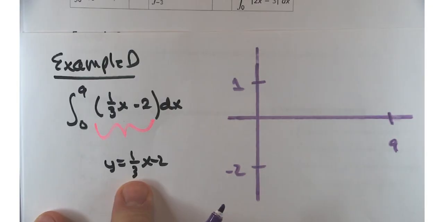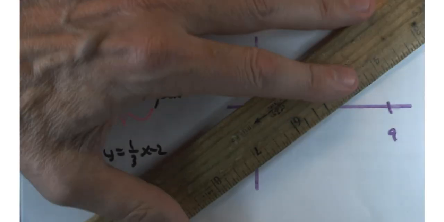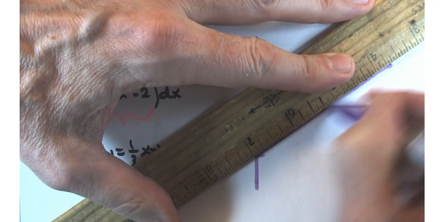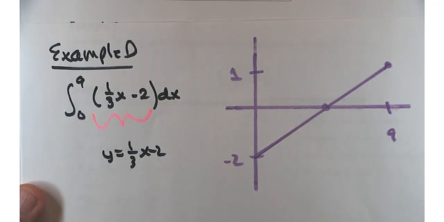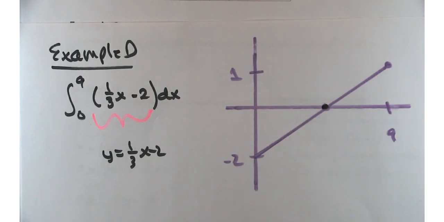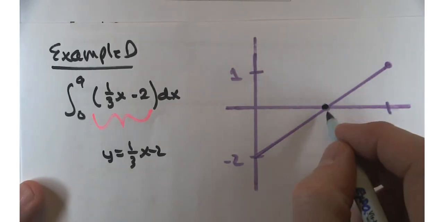Plug it in. Yeah, 1/3 of 9 is 3, minus 2 is 1. So up here someplace. And I think it's going to be important to know what the x-intercept is. Where is this going to cross the x-axis? Now, note, this hasn't been drawn wonderfully to scale. That's okay. How am I going to find out where this happens? Yeah, set y equal to 0. If you set y equal to 0, you end up with x equals 6.